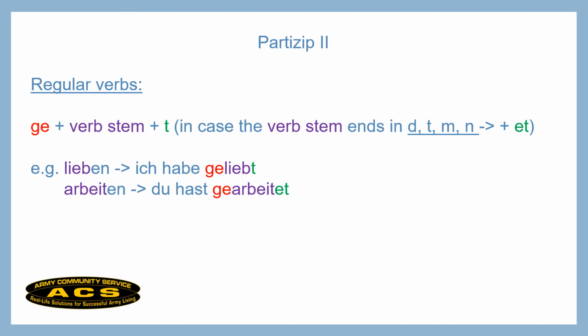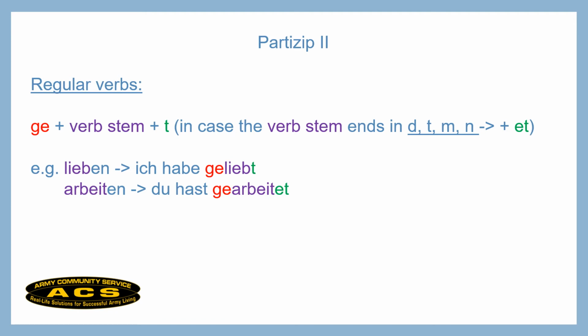My verb stem here is lieb without the en. So what I do is I'm adding ge before the verb stem lieb, and I'm adding a t after the verb stem lieb. And then my result is geliebt. And I know this is formed with haben, so the correct answer would be ich habe geliebt.